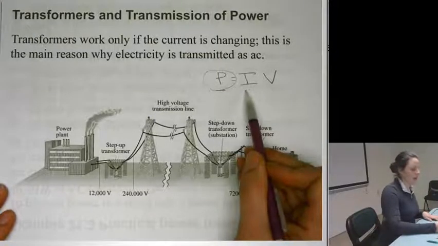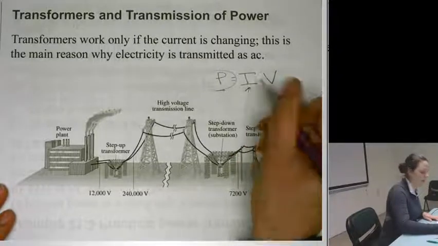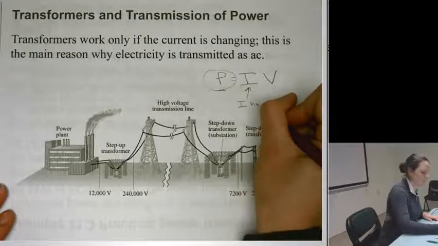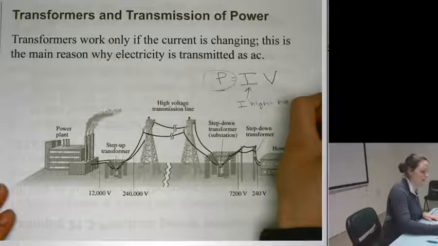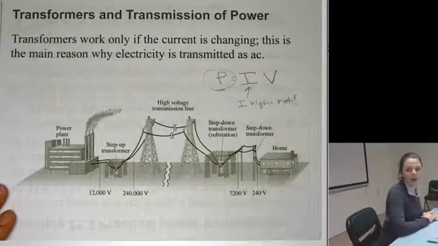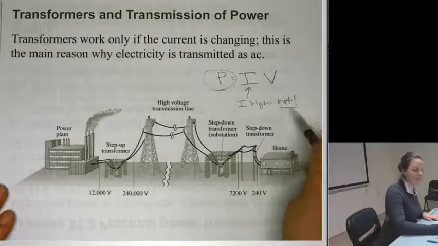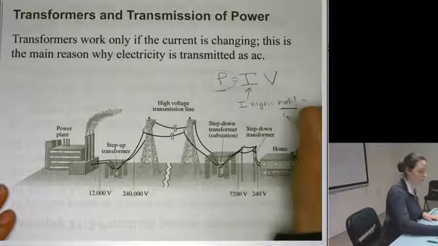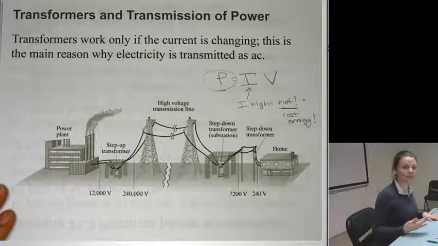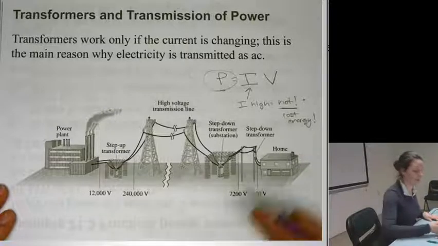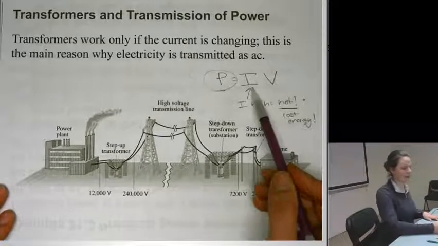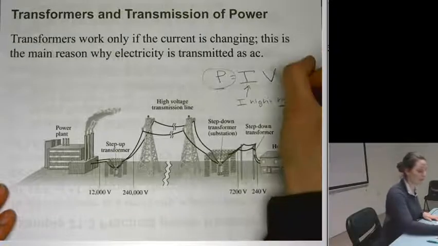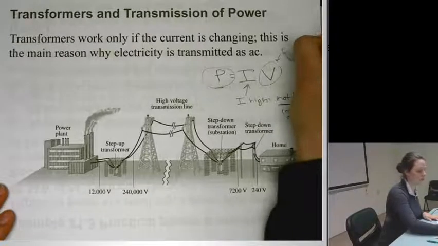So high current is hot. Hot would be fine, except that heat is lost energy. So we don't want lost energy. We don't want something really, really hot. So instead of having high current, we have very high voltage.